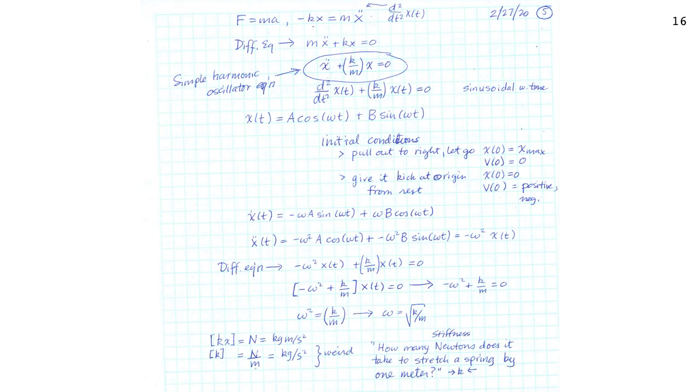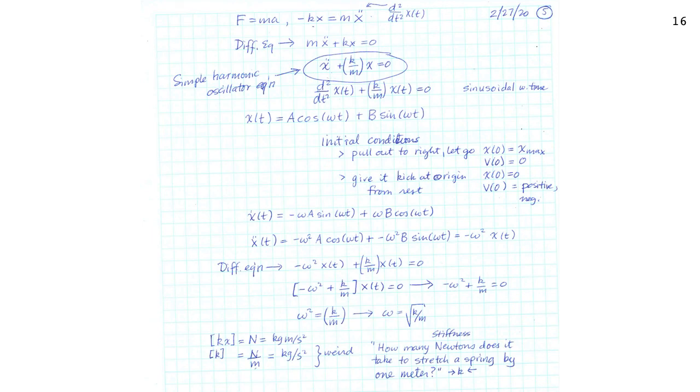F equals MA, which is like minus KX equals M X double dot. Now this is the compact notation. X with a double dot over the top of it is a compact notation for the second derivative with respect to time. So this thing means d squared by dt squared times x of t.